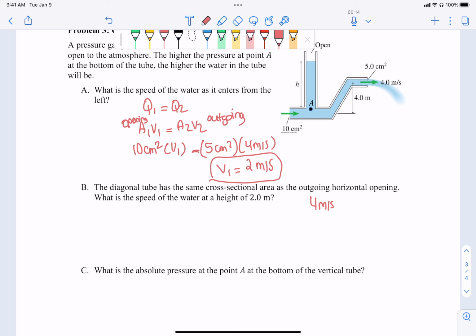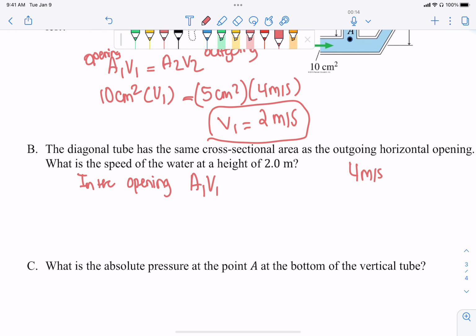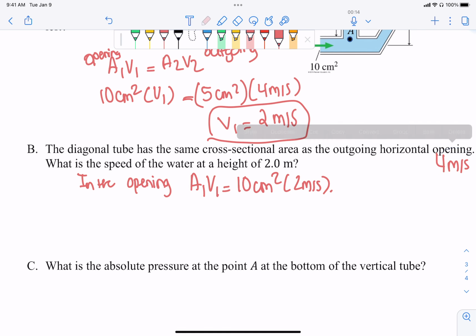So I can say in the opening, A1V1: I have 10 centimeters squared times 2 meters per second. And my outgoing has to equal the same.